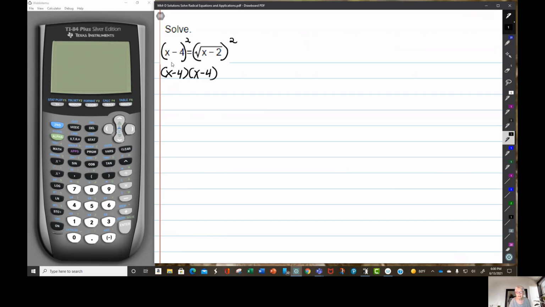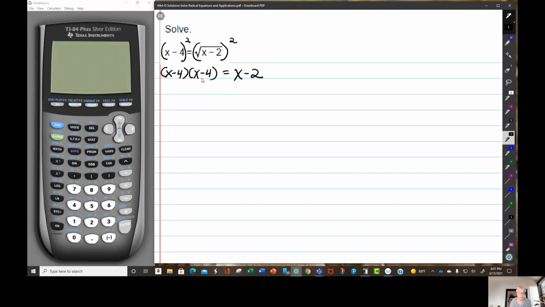Don't be fooled and say x squared minus 16 or x squared plus 16. You have to do this. However, when you square a square root, you get what's called the argument, what's underneath the radical, x minus 2.